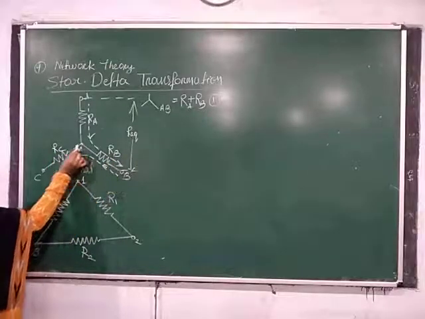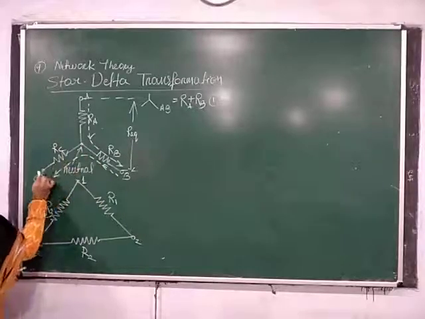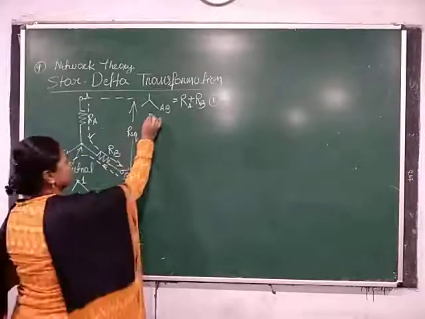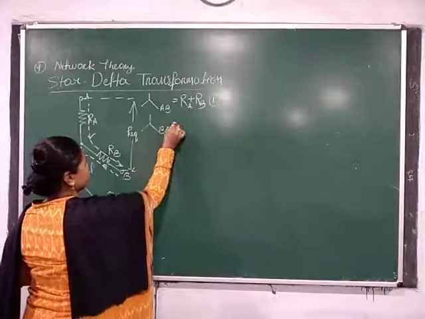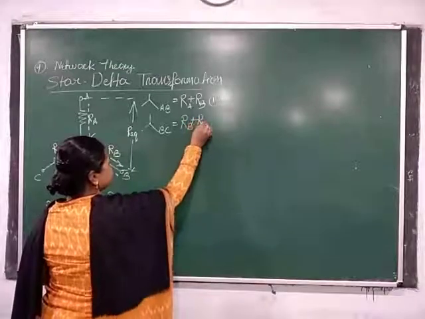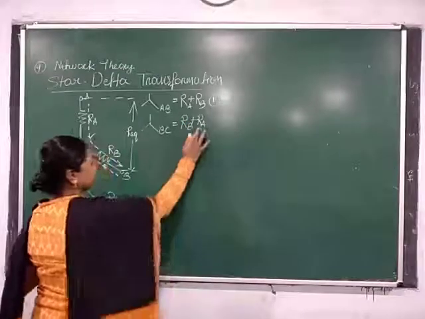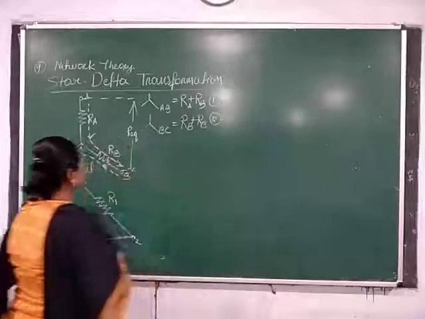So the equivalent resistance between terminals B and C is the series combination of the resistances RB and RC. Take it as equation number 2.